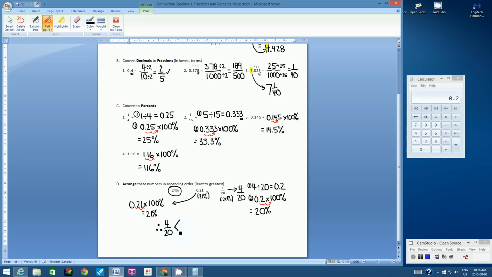And then that is less than, what's the next largest number? Well, it's 21%, but 21% was actually given to us as a decimal of 0.21. And then the largest number is 24%. And we can write 24% because it was given to us as a percentage. Okay, so that's how I want you to solve those type of questions.